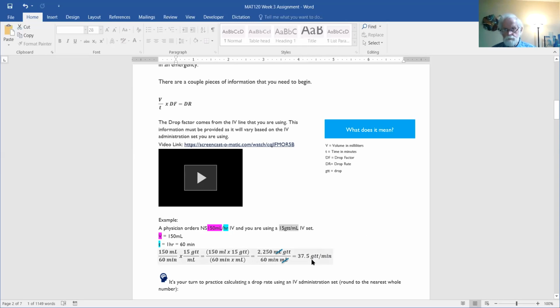Now, there are two schools of thought on rounding here. One is that we always round up. There's a risk with that. If you had 37.1 and rounded it up to 38, that would be a bigger error than rounding down to 37. So I urge people to follow the appropriate rounding rules from math.